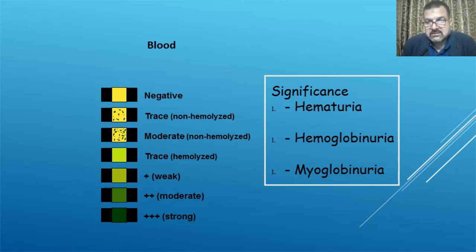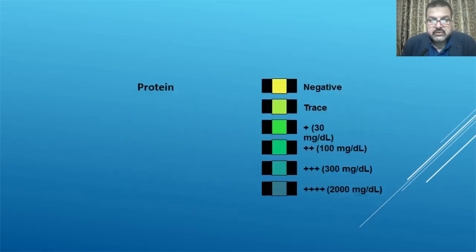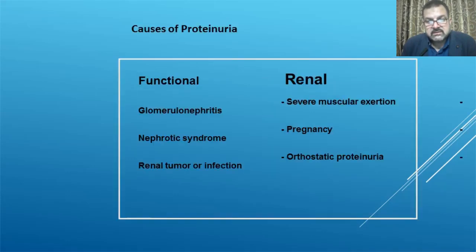You need to see cells by looking at the urine sample microscopically. pH of urine, again, you will have an idea. Protein, as with glucose, is 1+, 2+, 3+, also by comparing the color of the strip to the colors on the cover of the container.